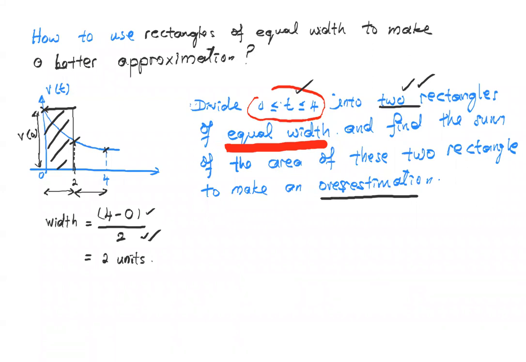Am I right? Okay. How about my second rectangle? Okay, I also got two heights here. So I also have to take the taller one because I want to make an overestimate. So the height here will take V2. Am I right?